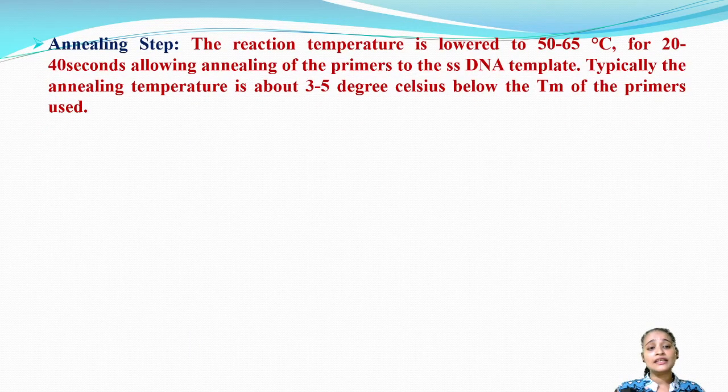Now what is the annealing step? This is the next step in PCR. The reaction temperature is lowered to 50 to 65 degrees Celsius for 20 to 40 seconds, which allows the annealing of primers to the single-stranded DNA template. Typically, the annealing temperature is about 3 to 5 degrees Celsius below the Tm of the primers used.